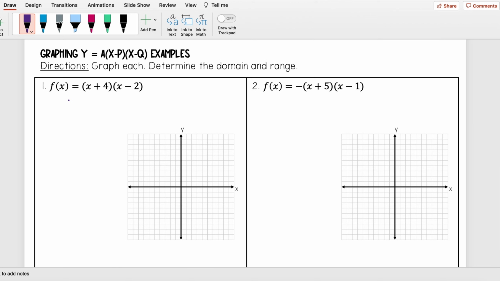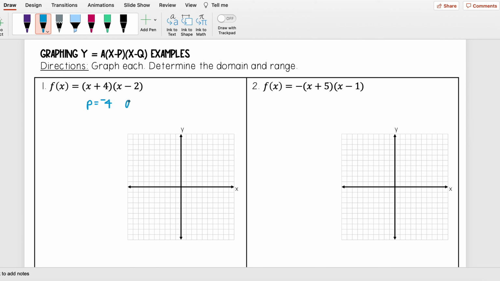So I have the function f of x is equal to x plus 4 times x minus 2. My first step is to find and graph the x-intercepts. So I'm going to find my P and my Q. Looking at this first parentheses, I have x plus 4, and so that plus 4 is going to be my P. But remember, I need to take the opposite sign. So since it says plus 4, that really means my P is minus 4.